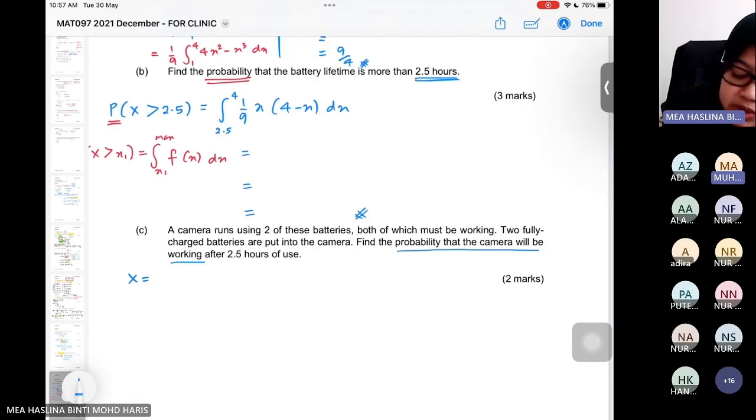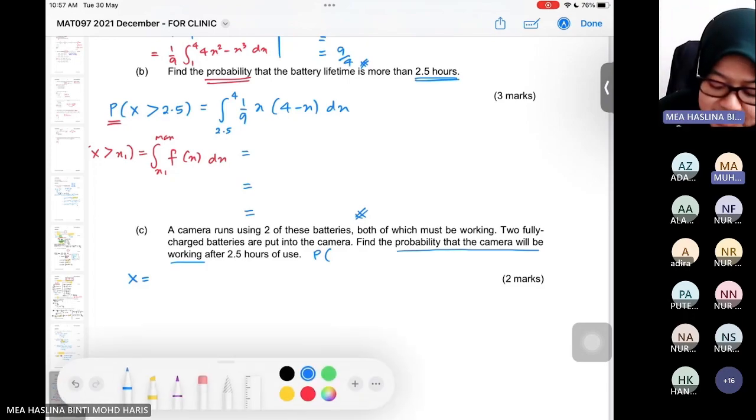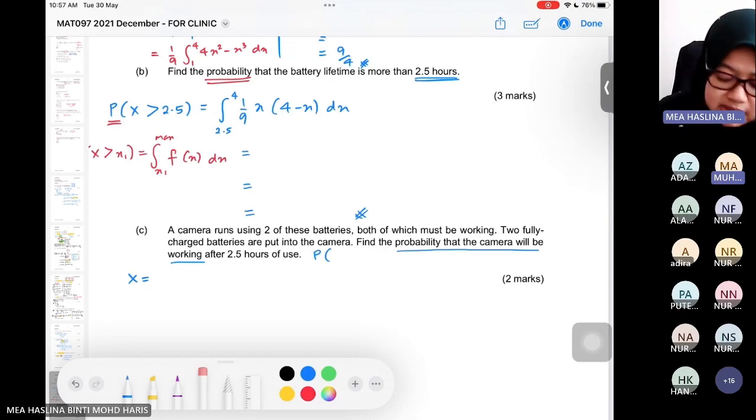So the probability does not depend on X anymore, but on how many batteries. If only one battery is working, will the camera be working or not? Anyone? No. So we need both batteries to be working. So the variable is now about the number of batteries.